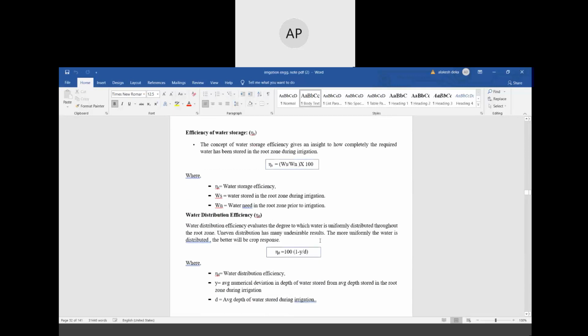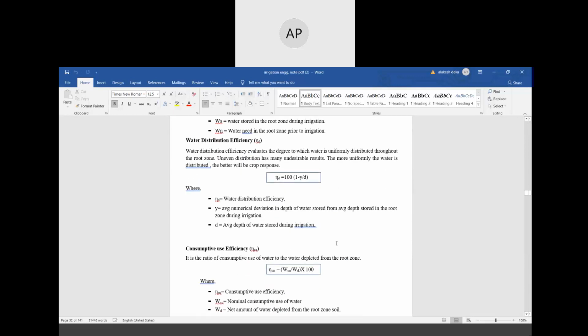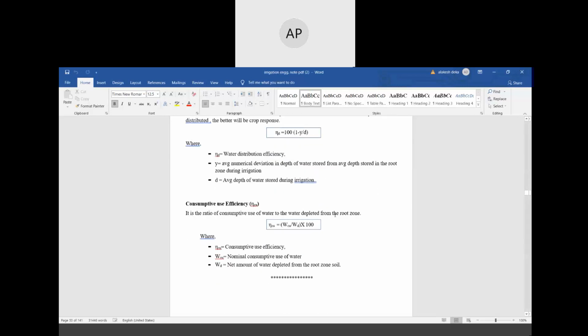Water distribution efficiency, consumptive use efficiency. So all the efficiencies are important. Consumptive use efficiency is the ratio of consumptive use of water to the water depleted from the root zone.